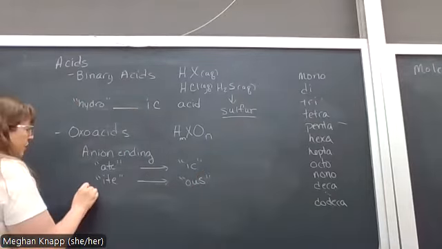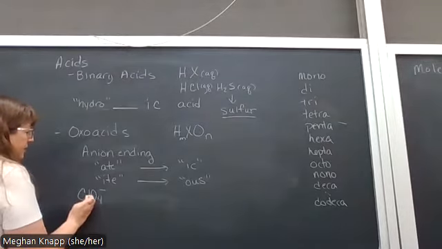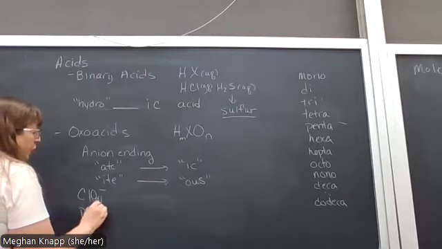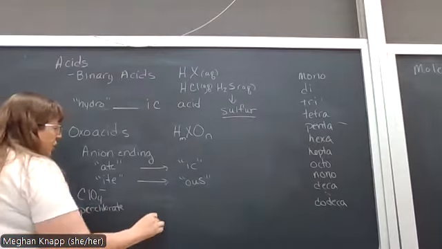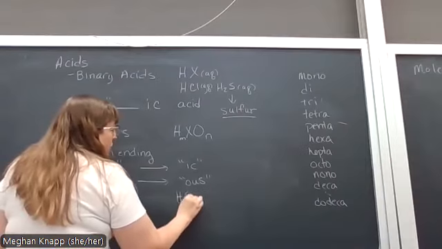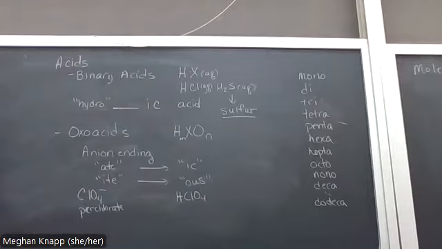So we know that ClO4 minus was perchlorate. So HClO4, hydrogen is positive, so it's going to cancel out this charge.